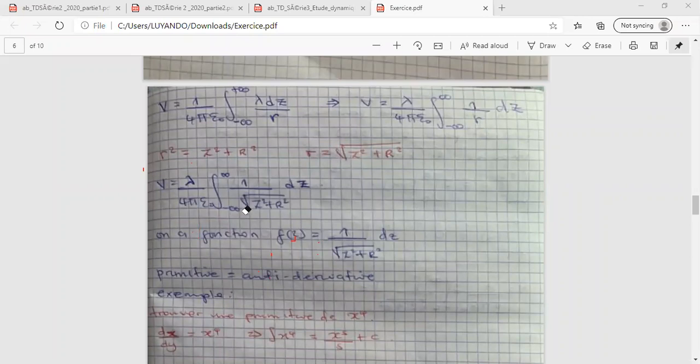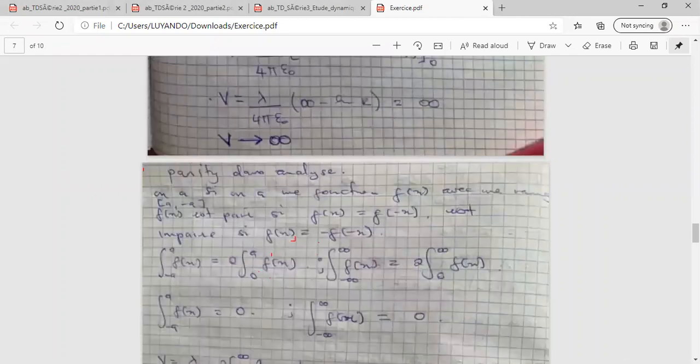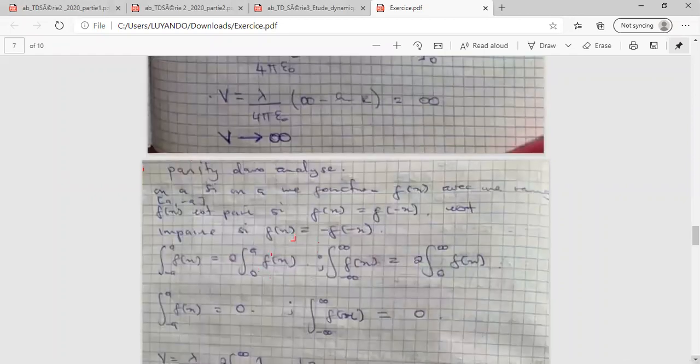So we can change this by using, in Analyse, as you go on, you learn about parity: if a function is odd or even. So you learn about even functions and odd functions. On this slide, this is what I wrote, just a little bit so that when you're revising, you can remember.